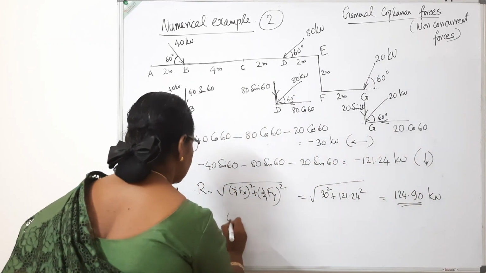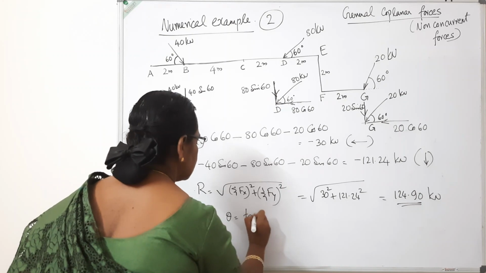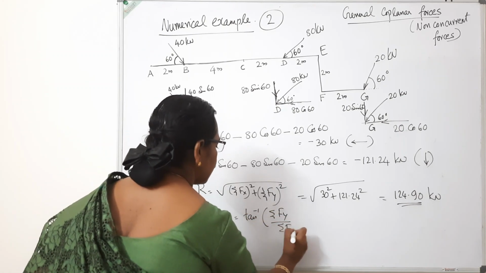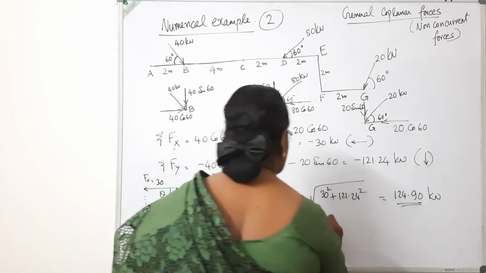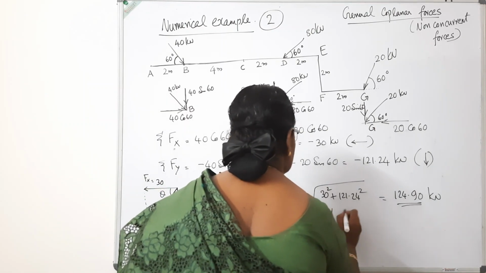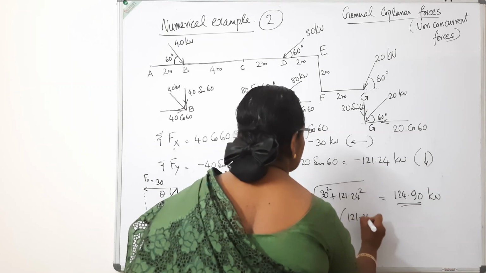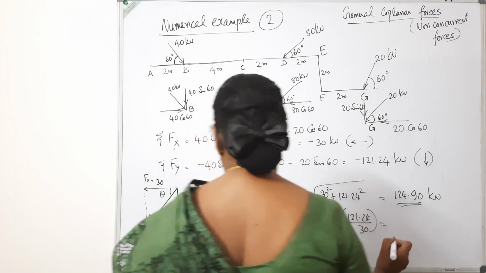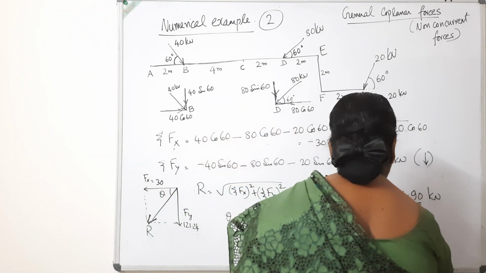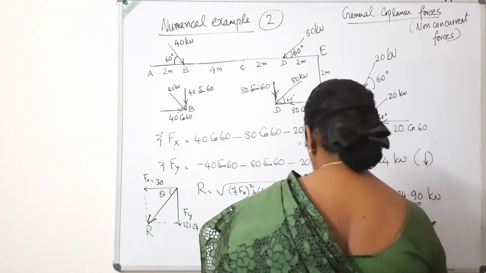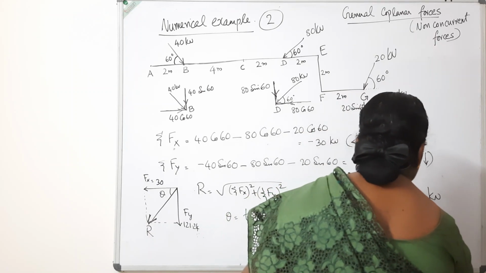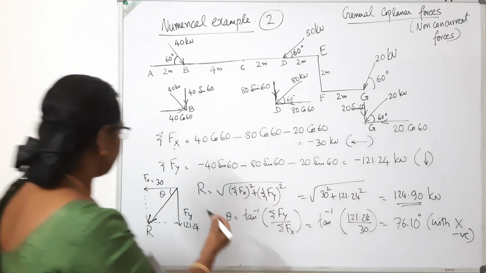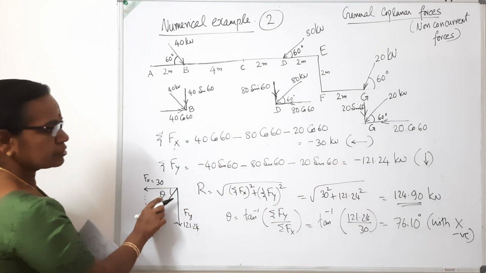And theta is equal to tan inverse sigma Fy by sigma Fx. So tan inverse 121.24 divided by 30 gives you 76.1 degree. This is with x negative direction. So with x negative direction, this angle is 76.1.